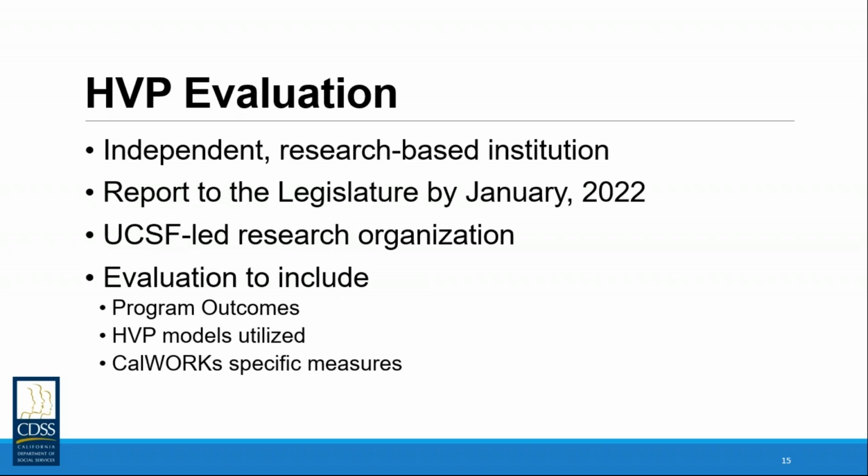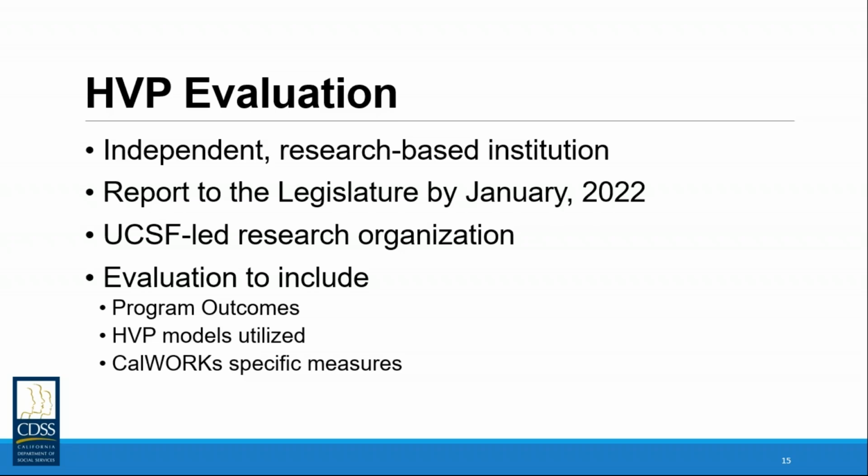So AB 1811 required CDSS to work with at least one independent research-based institution to identify existing and establish additional outcome measures for the CalWORKS home visiting program. These measures will inform an evaluation report that will be provided to the legislature no later than January 10th, 2022.